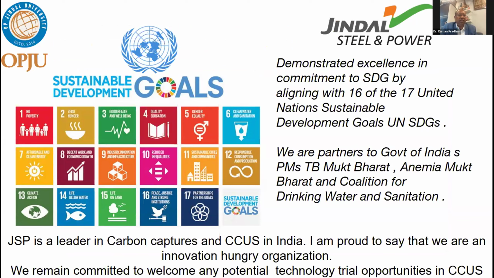So our research needs to be aligned and should address all these goals. If needed, they should present and point out that this research is directing towards this or helping towards this; that would be a good catch. And as I said before, Jindal Steel is doing all that it can, aligning with 16 of these SDGs. Next slide, please.